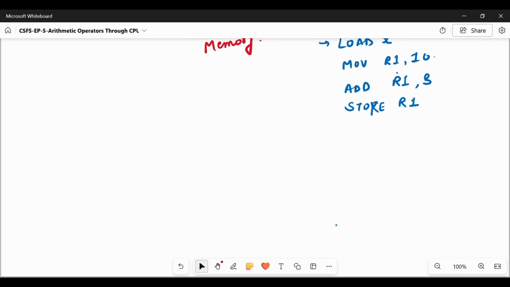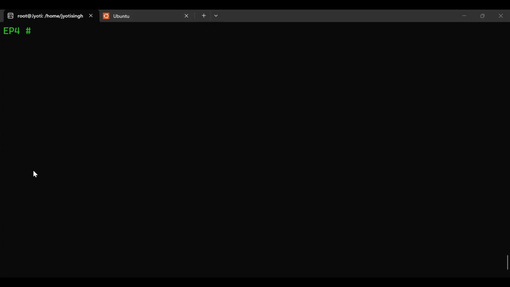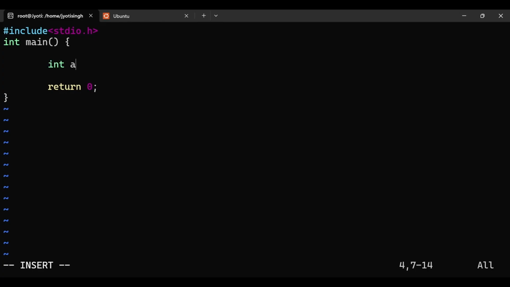Let me show you in the terminal what is actually happening. Let us write a simple program. We have int a with some value, let us say 10, and b that has the value 3. Let us have one more variable, c, where we will store the result.